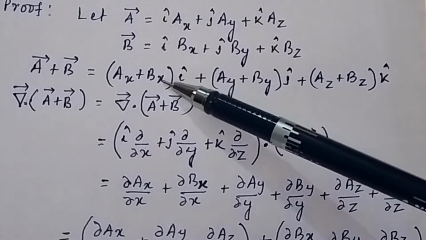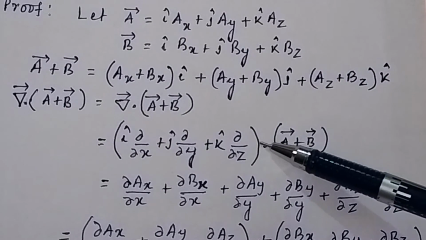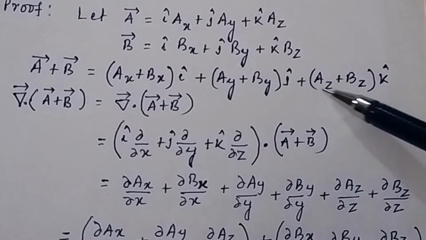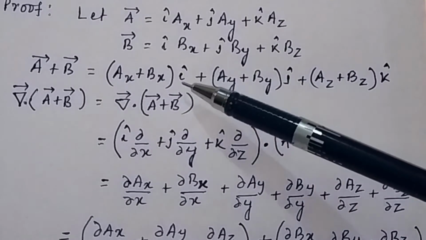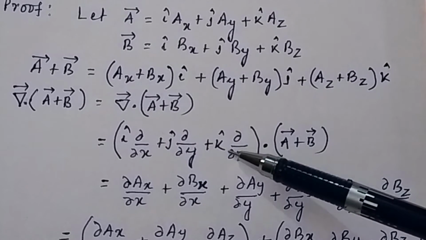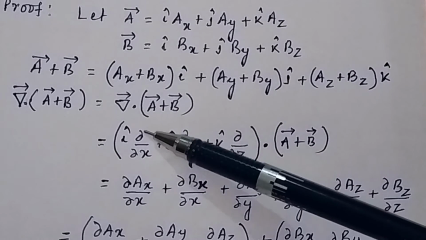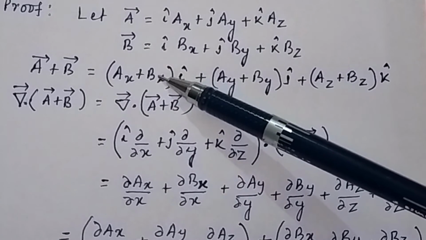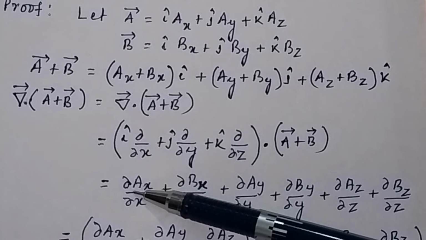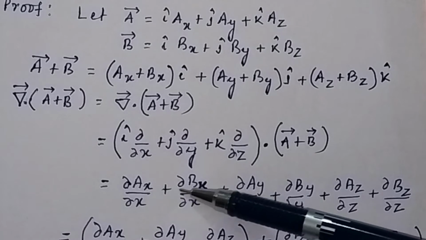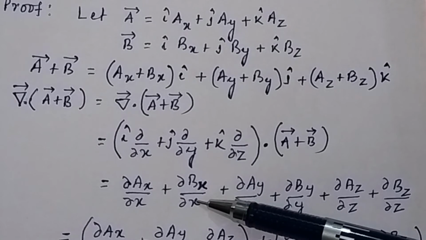So if you take the dot product of this del operator with this vector, then you only have i dot i, j dot j, k dot k. So you have partial derivative of (ax plus bx) with respect to x, which will be equal to partial derivative of ax with respect to x plus partial derivative of bx with respect to x.